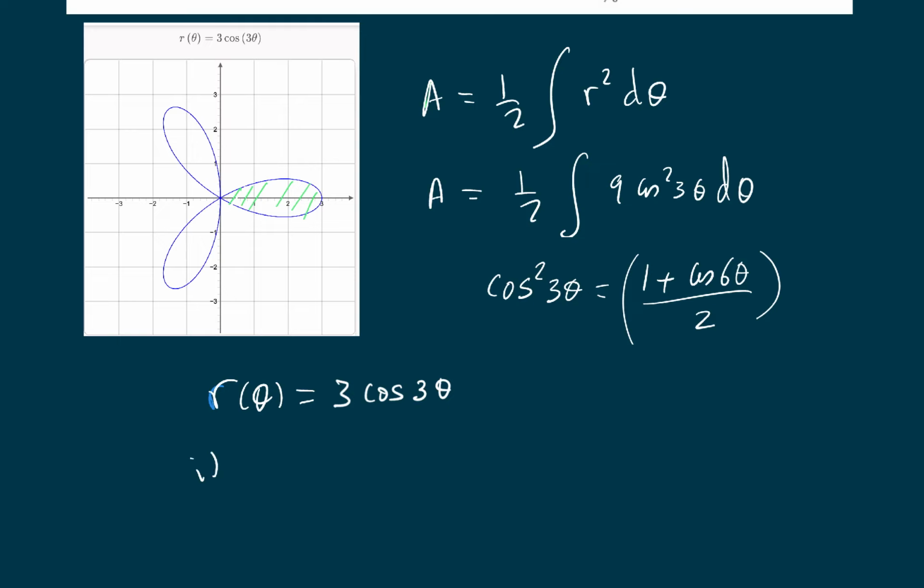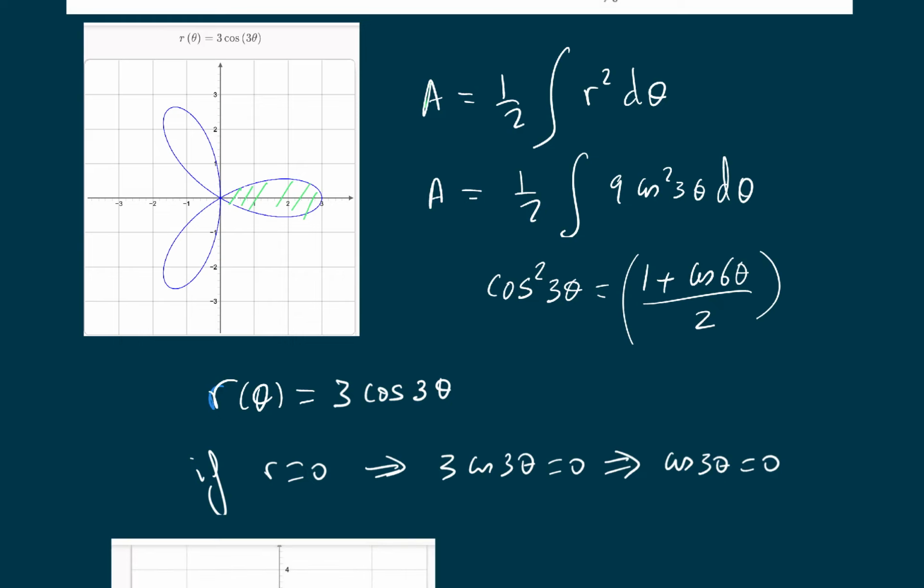If r is 0, it means that 3 cosine of 3 theta is 0. It means that cosine of 3 theta equals 0. And now comes the question, for which theta is cosine of 3 theta equal to 0.